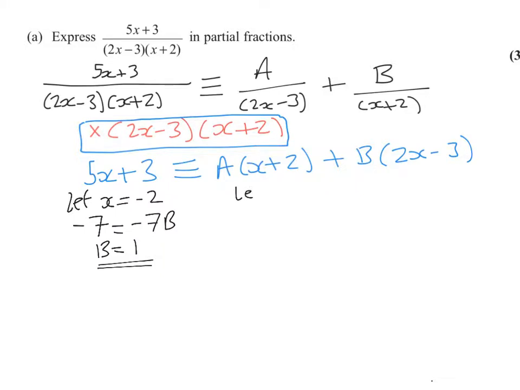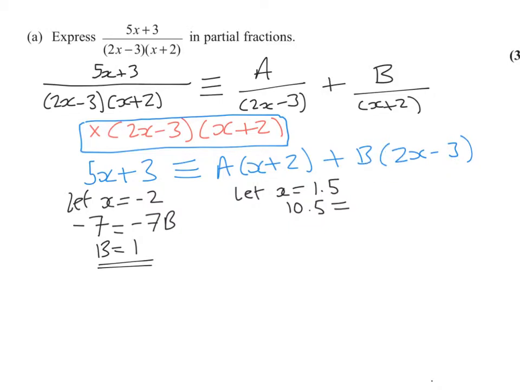So I'm going to let x equal 3 over 2, or I'm just going to call it 1.5. Let's use decimals. 1.5. So 5 times 1.5 is 7.5, plus 3 is 10.5. I'm sure you can do the arithmetic. The b has disappeared: you've got 2 times 1.5 is 3, 3 minus 3 is 0.